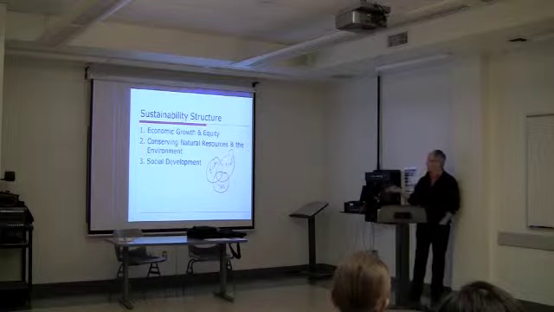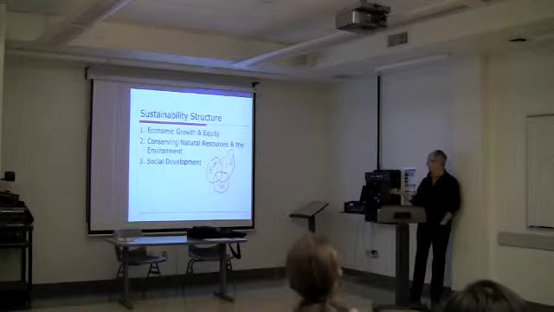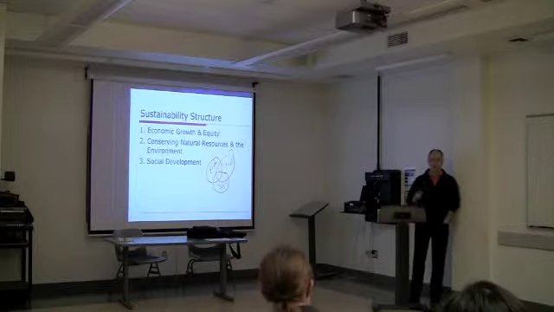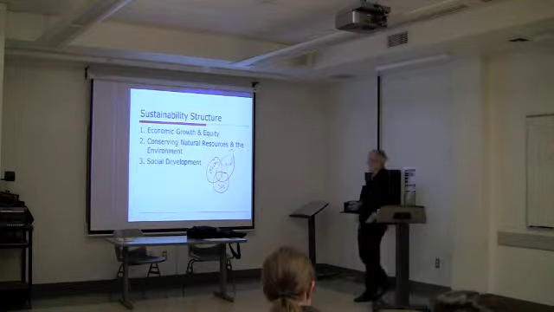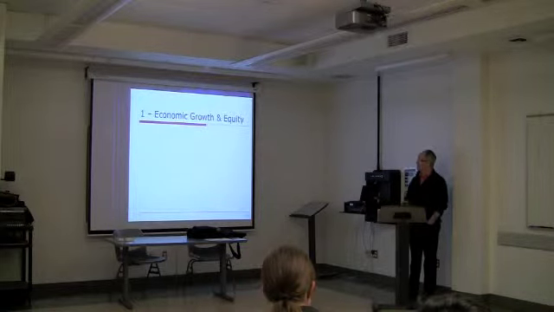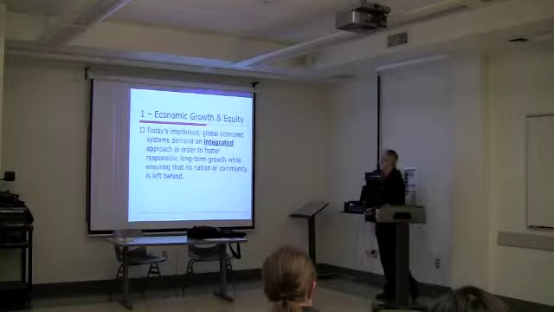All right? So this type of Venn diagram shows that you've got these three dimensions that you have to bring into the analysis. And so with that structure, we look at the economy first and economic growth.